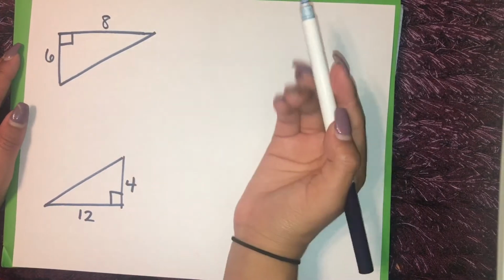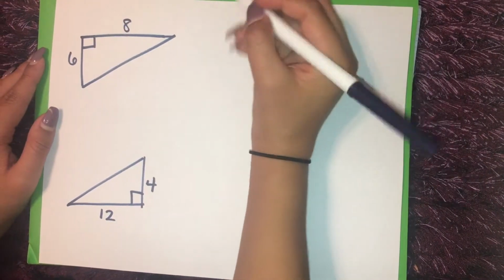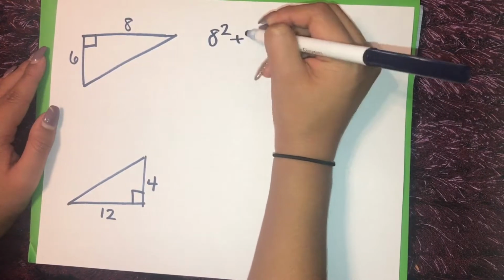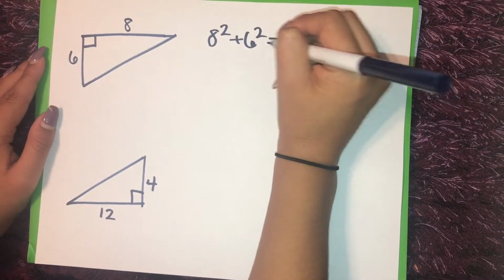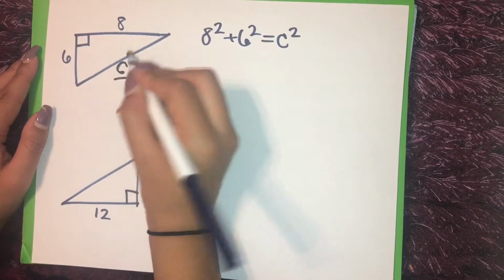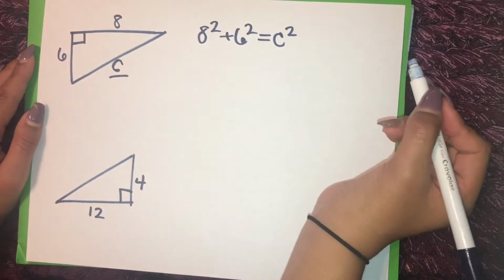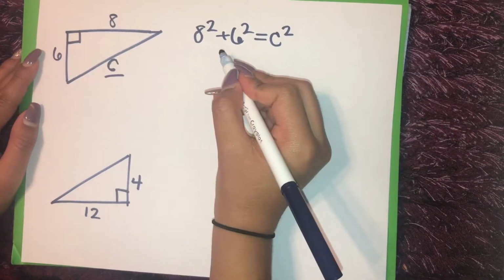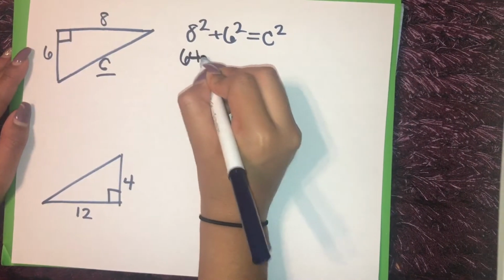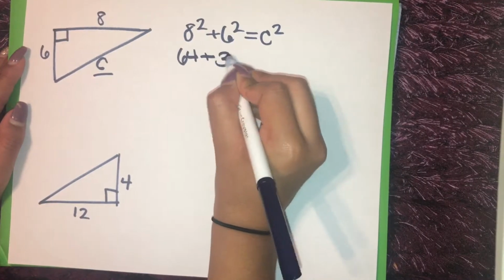This first one has 8 and 6 as our a and b, making it 8 squared plus 6 squared equals c squared, c being our unknown side, the hypotenuse. Then we will continue with the squaring and make it 64 plus 36 equals c squared.